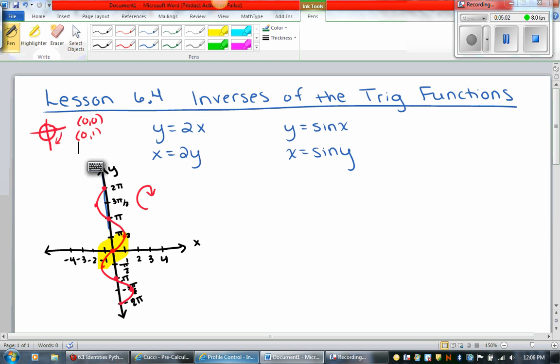Okay, so we want the value on the x-axis from -1 to +1, but since I'm restricting my range, we're going to restrict it from -π/2 to π/2. Okay, so let's look at what that would look like for cosine as well, and then tangent.